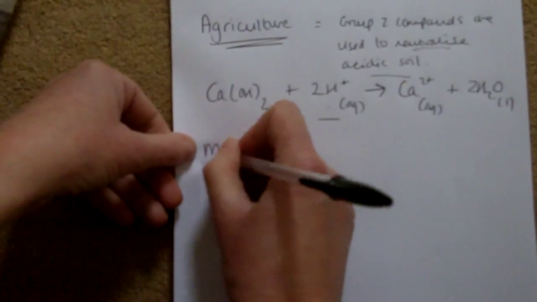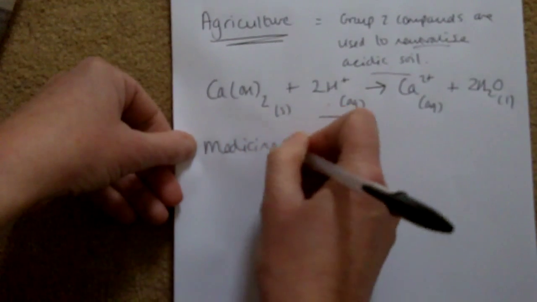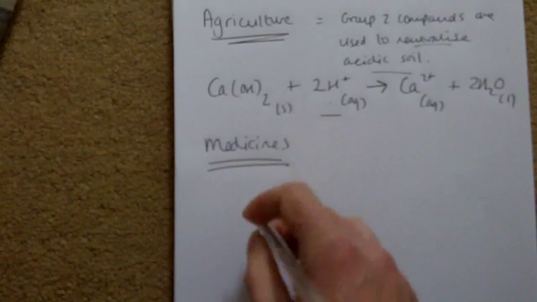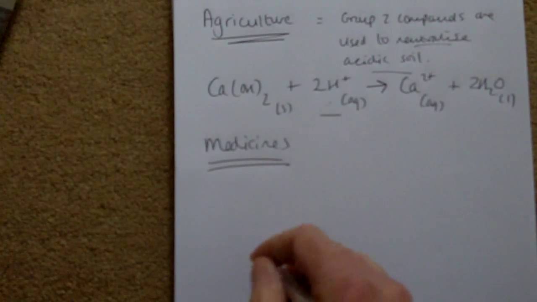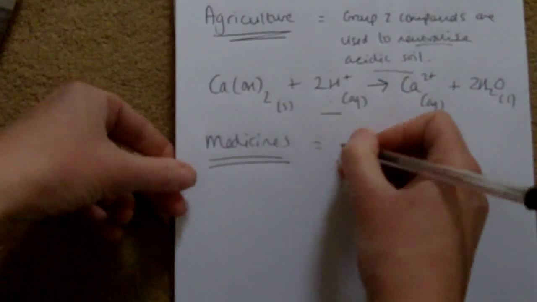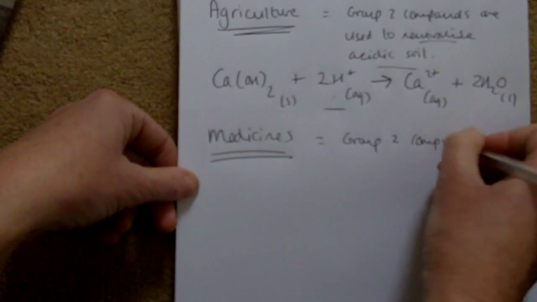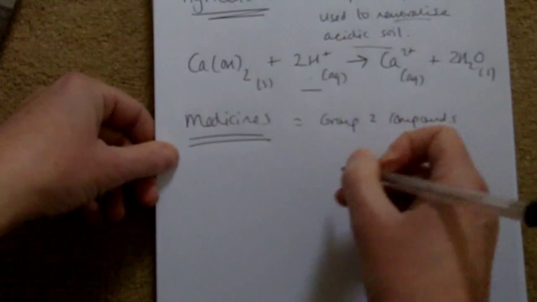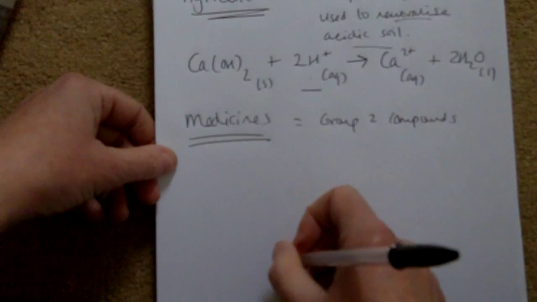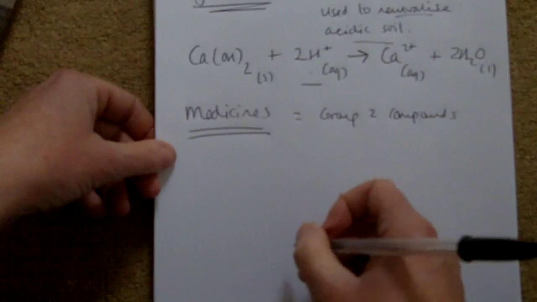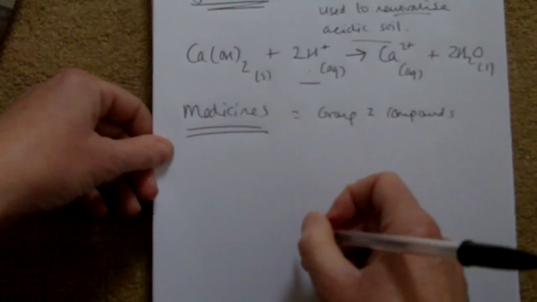Another major use is in medicines. Okay, so for example, group 2 compounds are used to treat acid indigestion, to neutralize acid in the stomach.